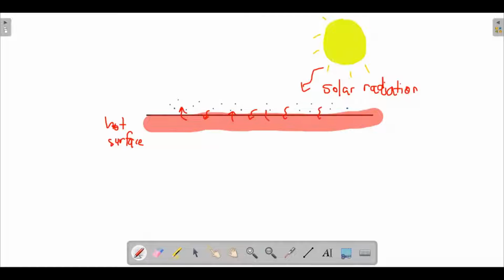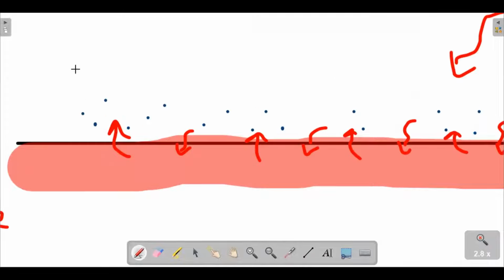Conduction is a heat transfer by contact. When you have two objects, in this case, air and surface, the warm surface transfers this heat to the air particles that are close by, and we call this conduction. This is when heat is transferred between objects that are in contact, right?